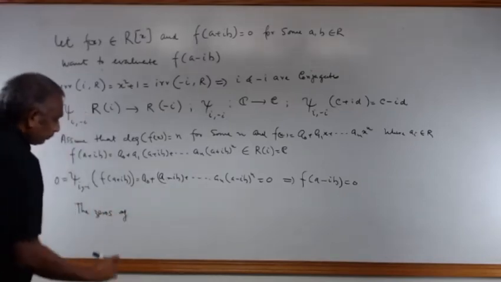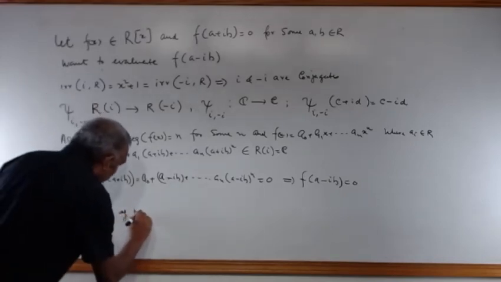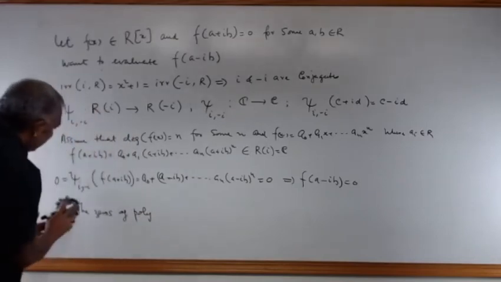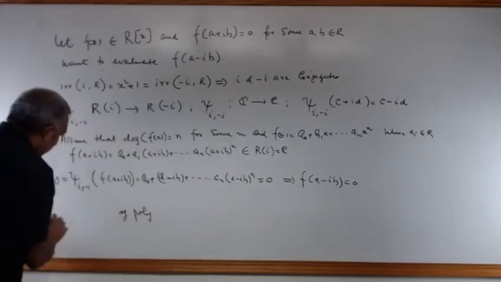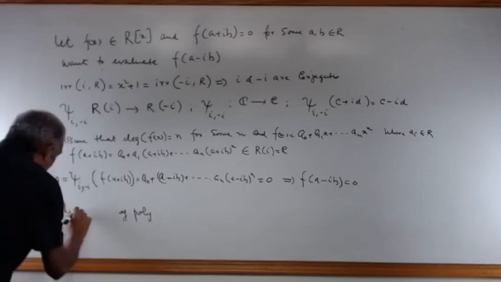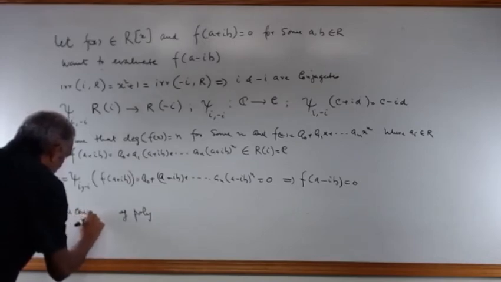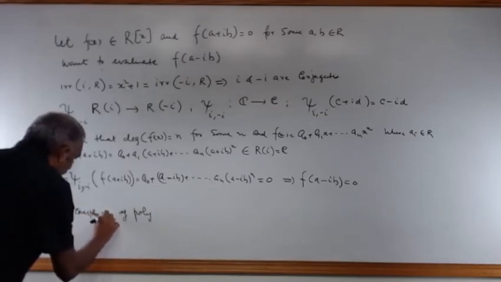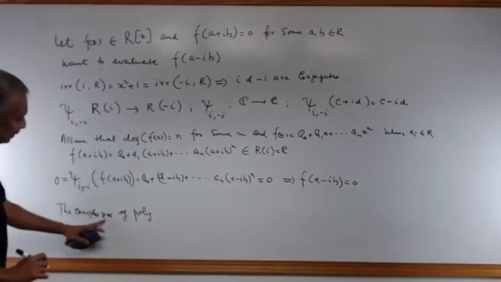of polynomials, not just the zeros, it's the complex zeros. Complex zeros means zeros that are complex numbers.